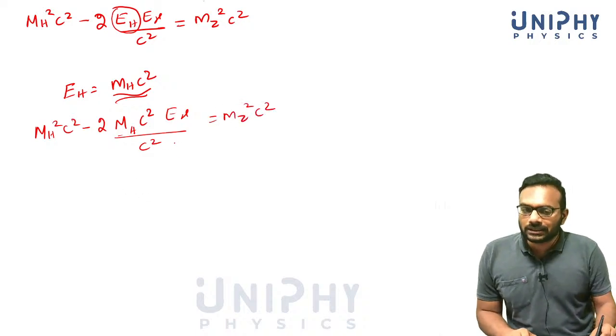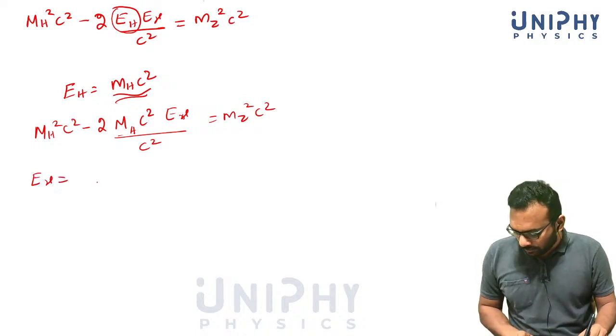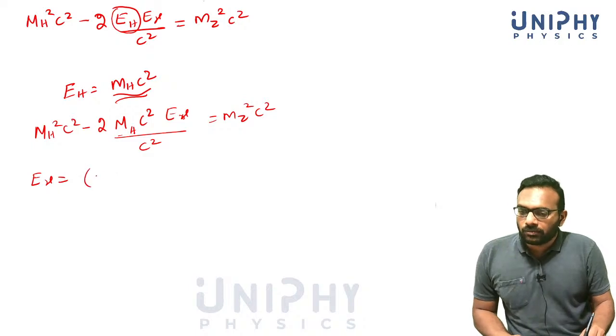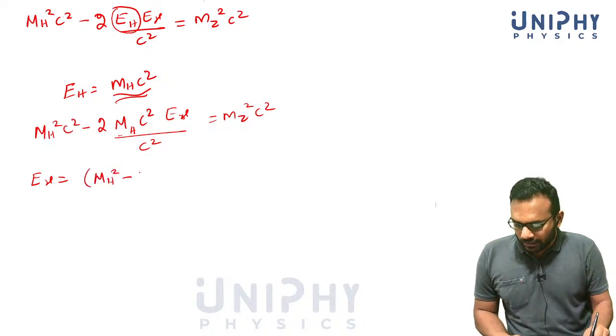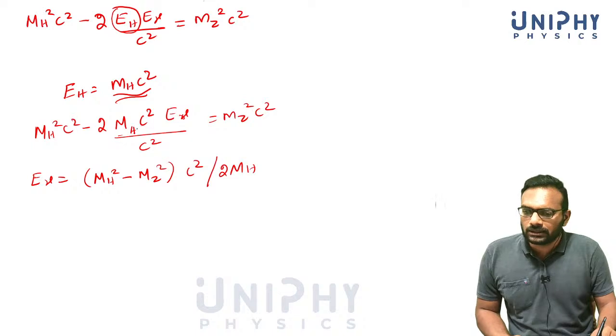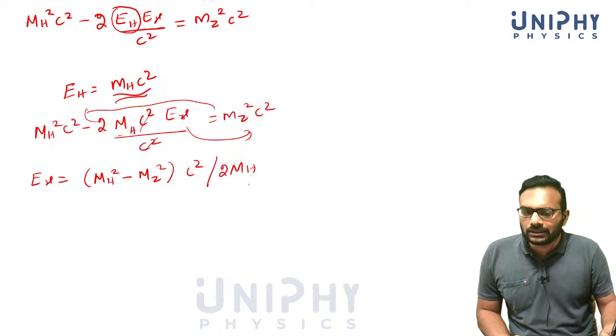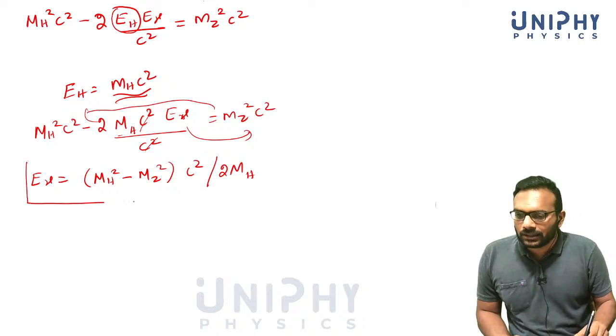Now you just rearrange this and solve for E gamma, and you see that E gamma is equal to mh square minus mz square, times c square, divided by 2mh. You just bring this to this side and this to the other side. The c square gets cancelled, and you get this result, divided by 2mh. This is the result that we need.